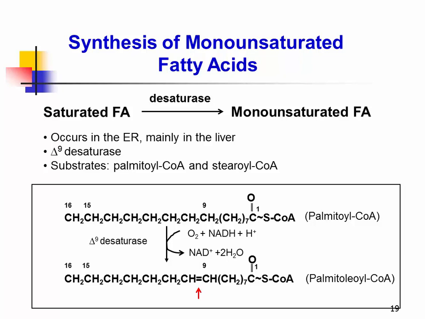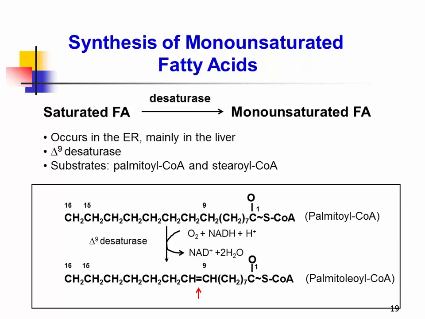It seems pretty simple: the saturated fatty acid is acted on by enzymes called desaturases, which catalyze the formation of double bonds. In our bodies, we have delta 9 desaturase. That reaction also occurs in the ER.